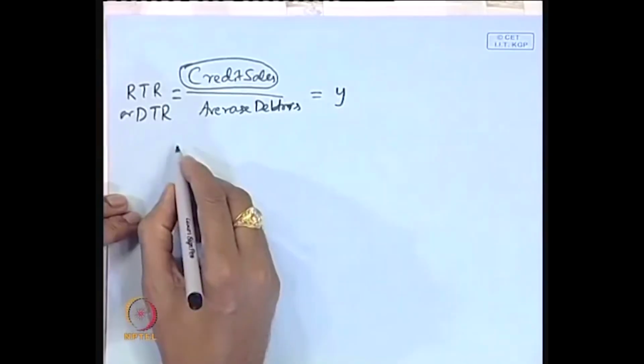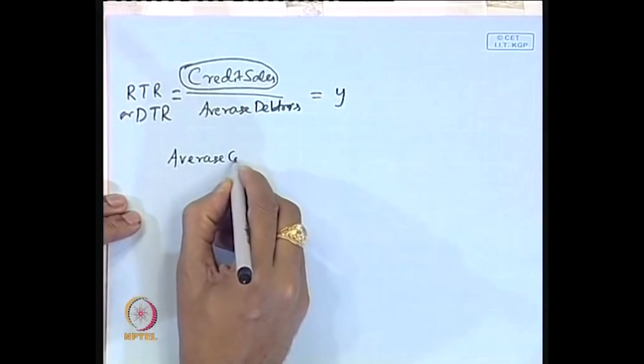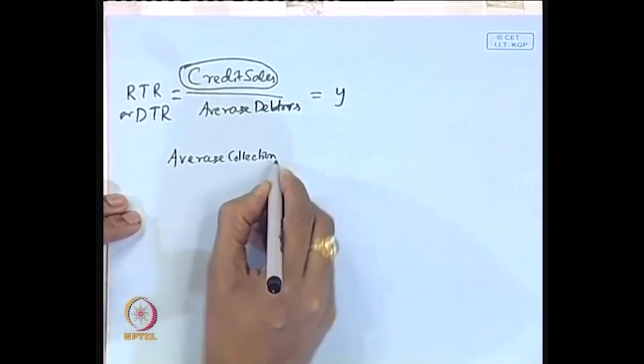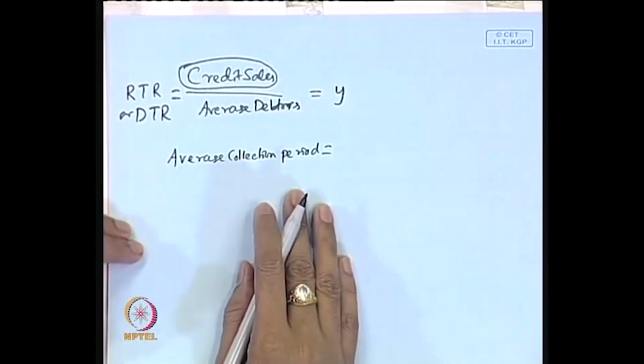From the debtors turnover ratio, one can also find out something called the average collection period. Average collection period is nothing but how many days on an average it takes for the company to get back the money from the debtors or receivables, how many days it takes to realize the receivables into cash.